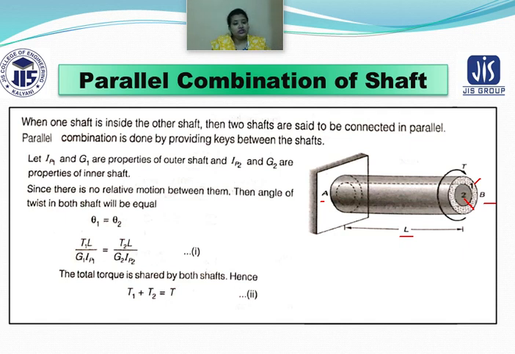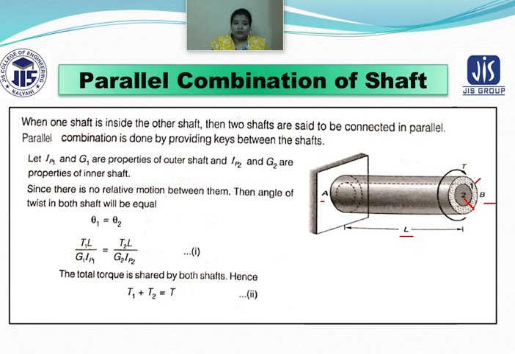Now, since there is no relative motion between them, the angle of twist in both the shafts will be equal. Just have a look here. In the series combination of shafts, I have told you that the total angle of twist, theta AC, is the angle of twist for AB plus the angle of twist for BC.